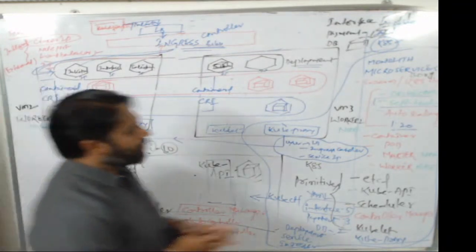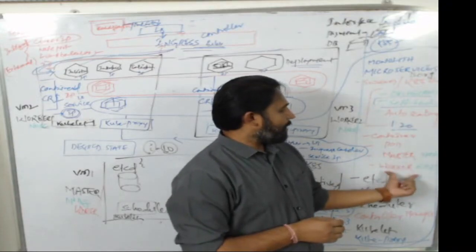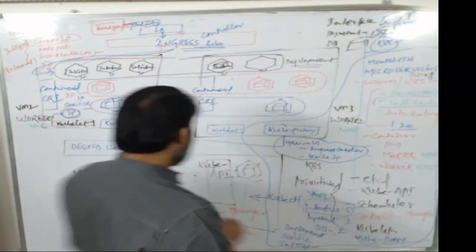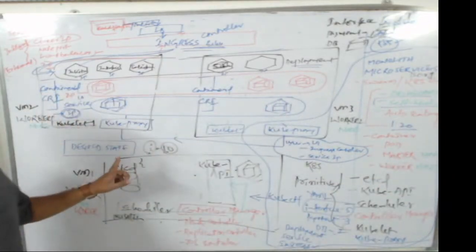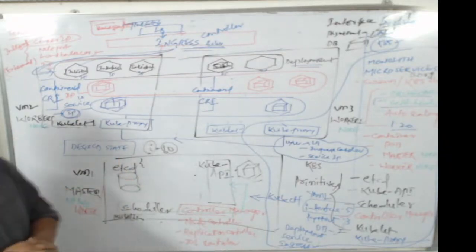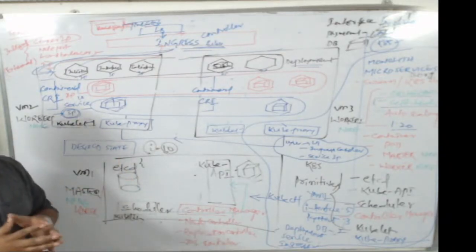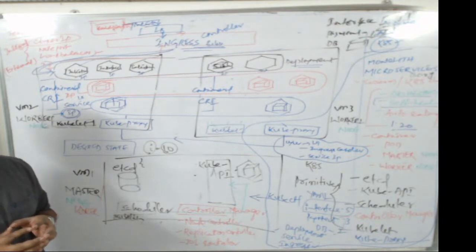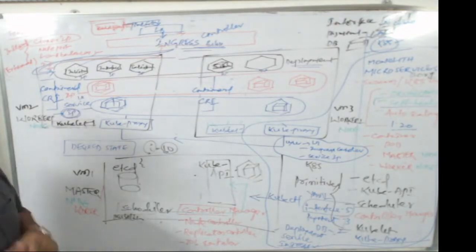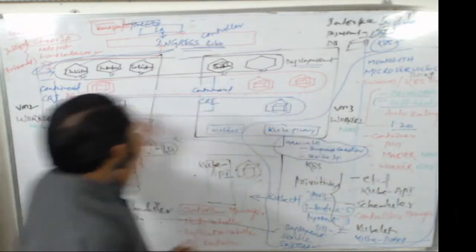Right? The pod is a folder of a container. Then you have master node, worker node. Master node has all the main components of Kubernetes. Worker node is where the workload is.